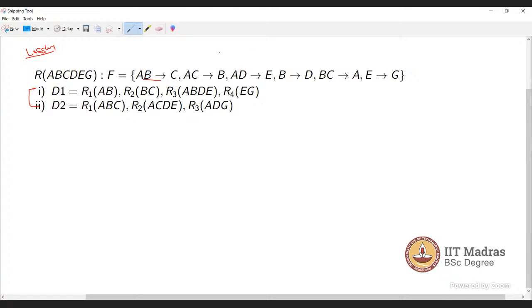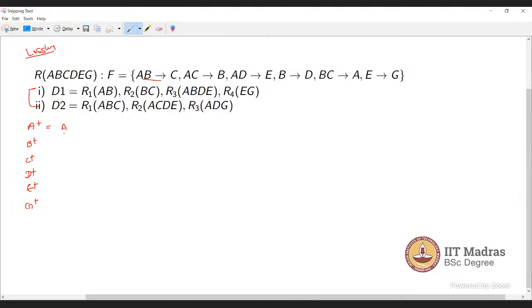Then in that case, what do we have to do? We have to check every pair, every attribute. We take the closure of A, then B, then C, then D, E, and then G. From A, can we get anything?